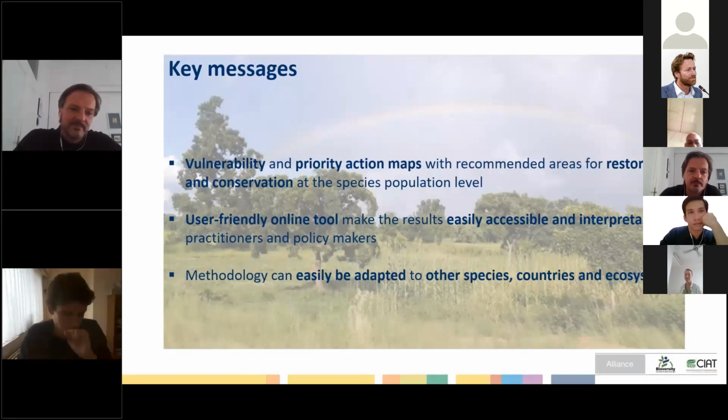We made these maps available in a user-friendly online tool, which should be easily accessible and interpretable by practitioners and policymakers. And finally, we think that our methodology can easily be adapted to other species, other countries, other ecosystems.